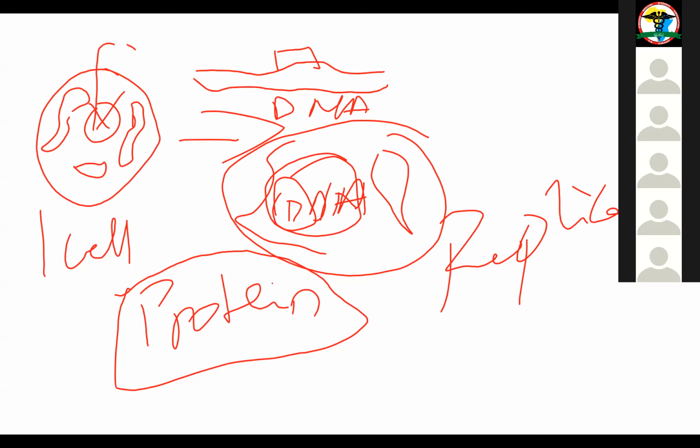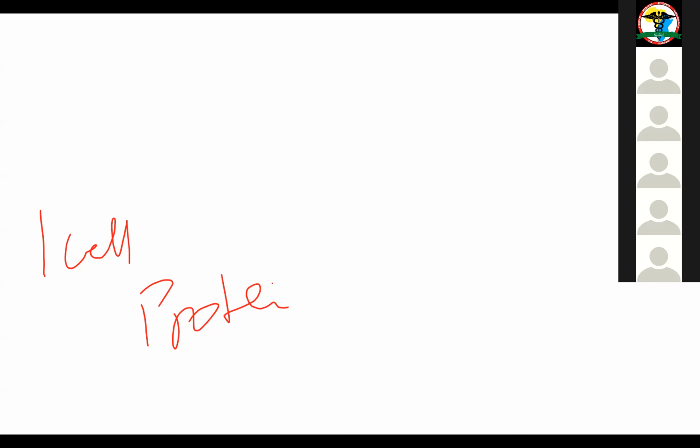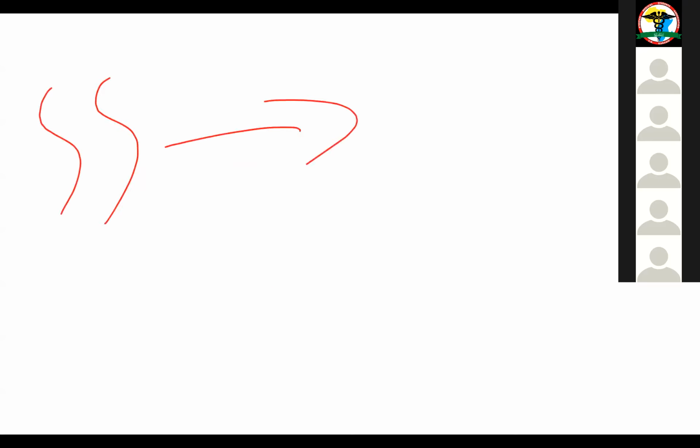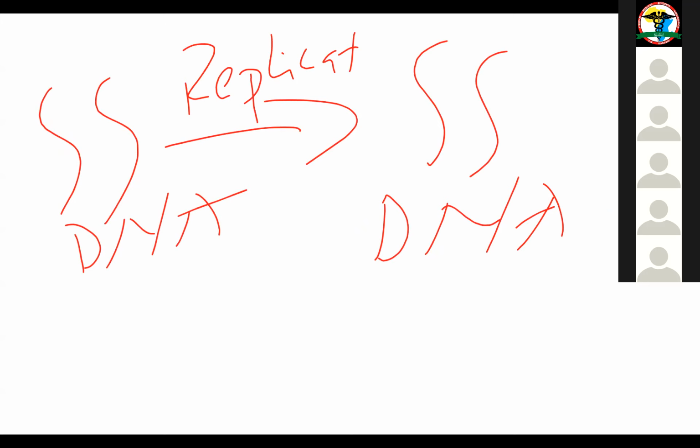So you are photocopying the DNA of the existing cell to make another copy for the new cells you want to make. So that is replication, DNA to DNA, exactly. It's a photocopy, nothing changes. It's the same thing. And this is replication. That is the first step in making a new cell.